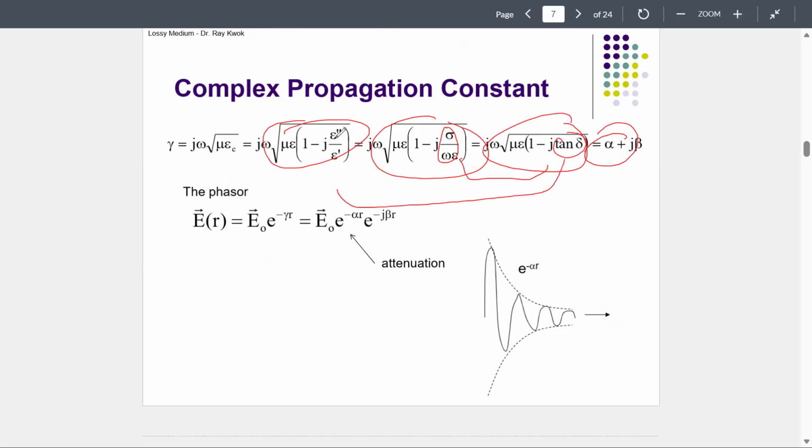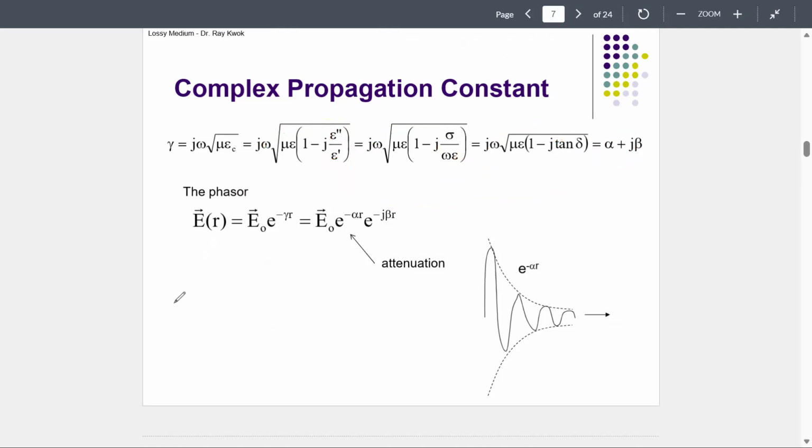Or looking at these two, I know loss tangent is epsilon double prime over epsilon prime. So all those definitions are in here. Get used to knowing these expressions and find the equation you need to solve your problem. I will not define each term separately. You need to learn to use it.